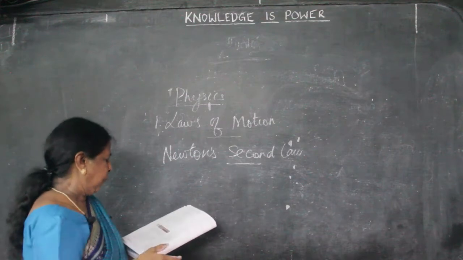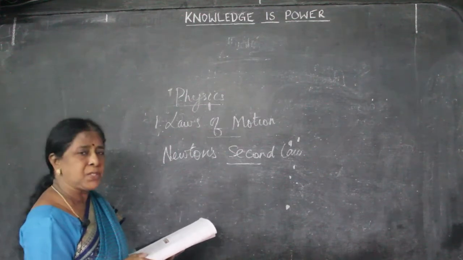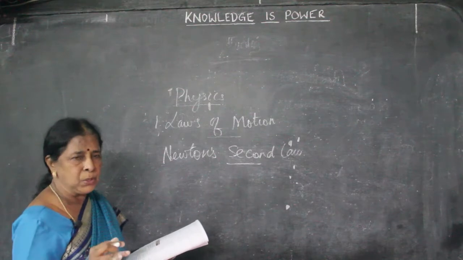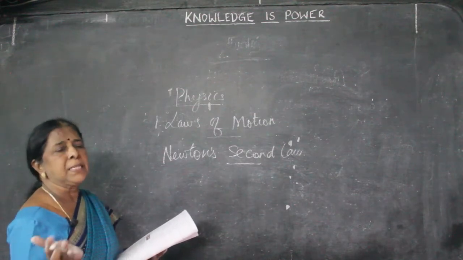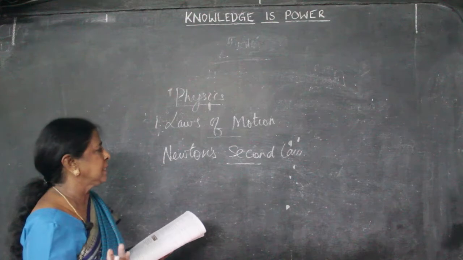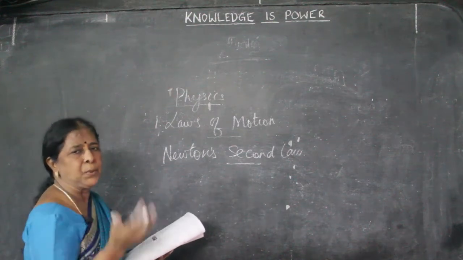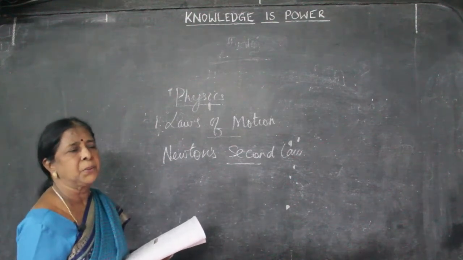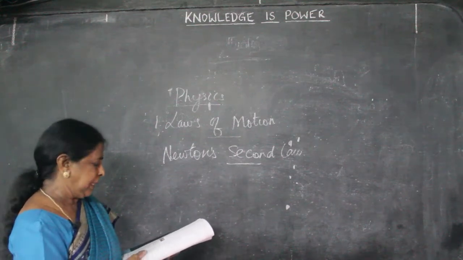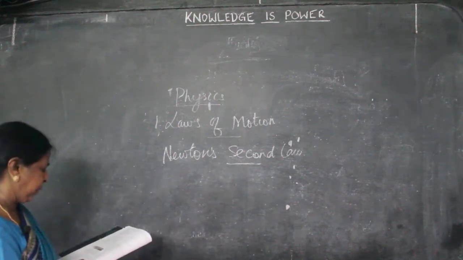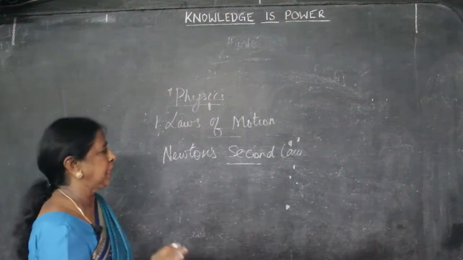Second law: the force acting on a body is directly proportional to the rate of change of linear momentum. The force acting on a body is directly proportional. That is force and magnitude, both are the same. If this increases, that also increases; if this decreases, that also decreases. So what do we say? Directly proportional. The rate of change of linear momentum of the body, and the change in the momentum takes place in the direction of the same place.